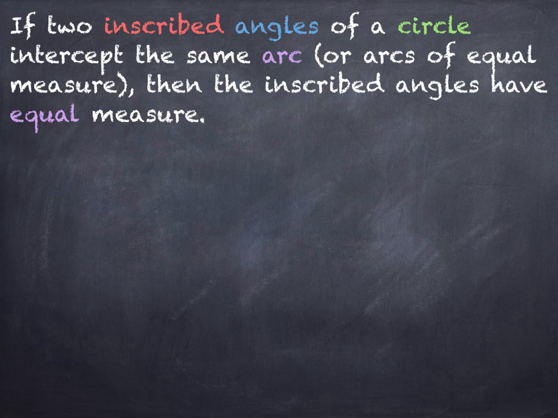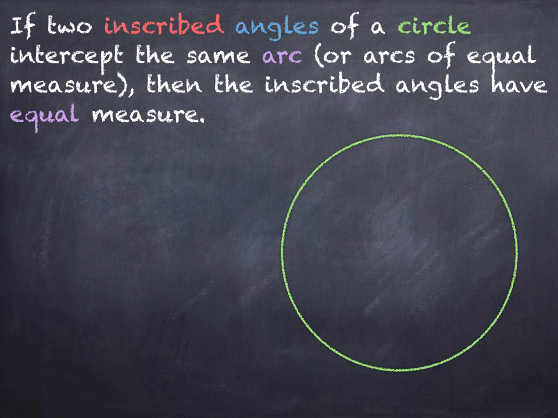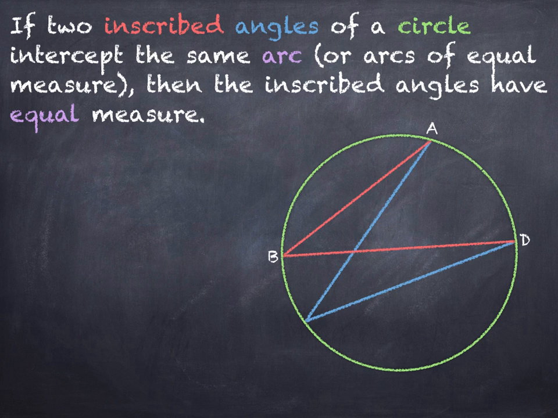This next theorem we will use directly when proving the Brahmagupta Theorem. This theorem states that if two inscribed angles of a circle intercept the same arc, or arcs of equal measure, then the inscribed angles have equal measure. Let's look at our circle. We have an inscribed angle, angle ABD, and inscribed angle ACD.